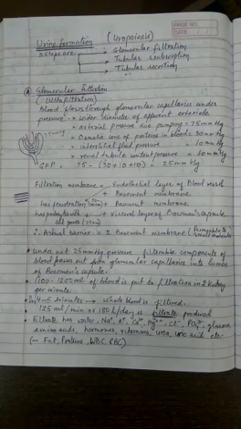We learned in the class that ultrafiltration occurs through the filtration membrane, which is made up of the endothelial cells of the blood vessels and the basement membrane attached to them, as well as the basement membrane attached to the visceral layer of the Bowman capsule.